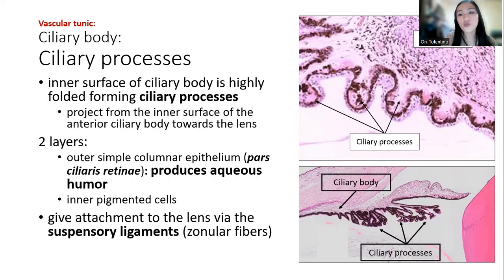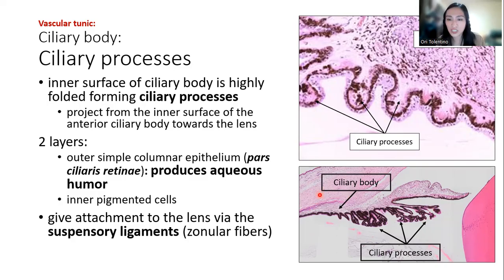Okay, so I also mentioned earlier that there are suspensory ligaments attached to the ciliary processes, which will hold your lens in place, and contractions by the ciliary muscle in the ciliary body will change the lens's shape.